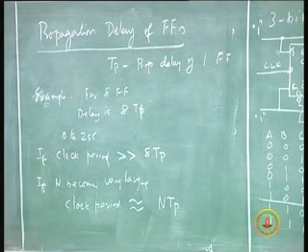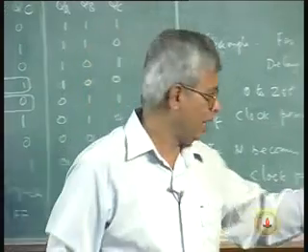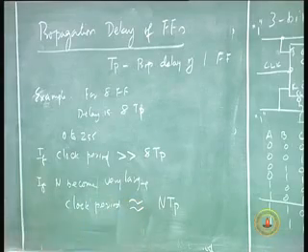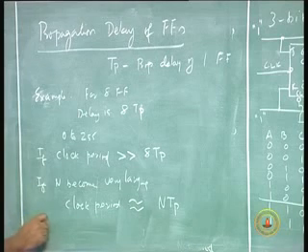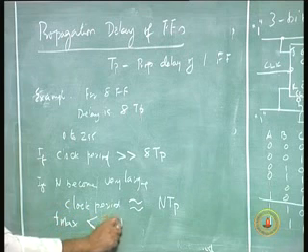Each flip-flop has a propagation delay of Tp, and n flip-flop stages will have n times Tp, and n is very large. So I cannot run this counter at a speed faster than this n Tp. So the clock period has to be greater than n Tp.